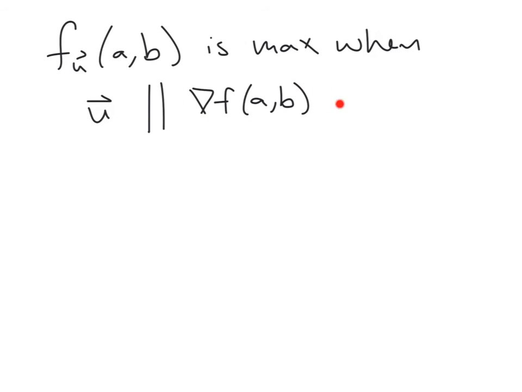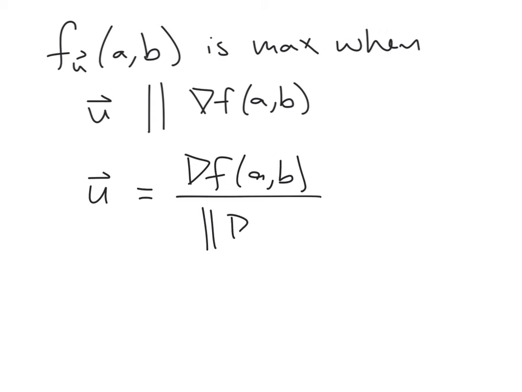How do we find that direction? Well, to create a unit direction vector, we can take the gradient vector and just divide by its magnitude. This will produce a unit vector in the direction of the gradient, and so this is the unit vector that will produce a maximum directional derivative.